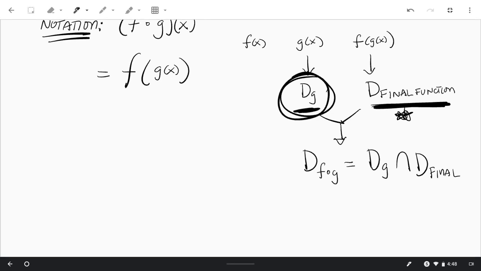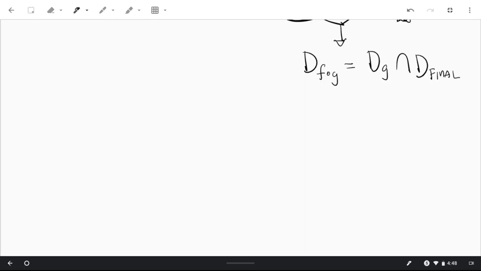All right, so let's take a look at some examples. Let's suppose that we have this function for f, 2x plus 3, and let's suppose that g of x is 4x minus 1.